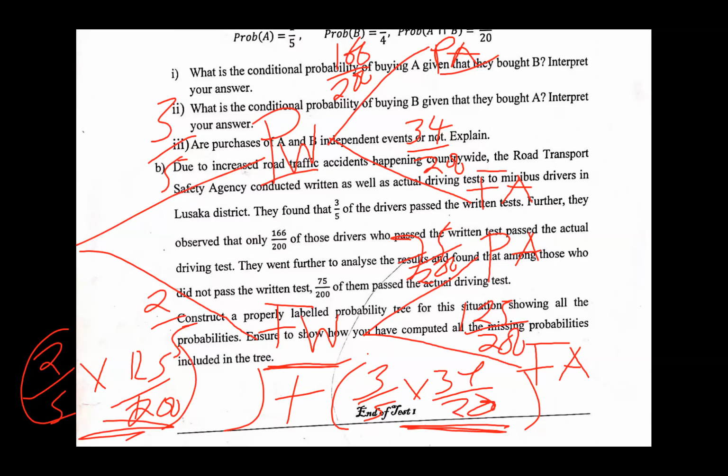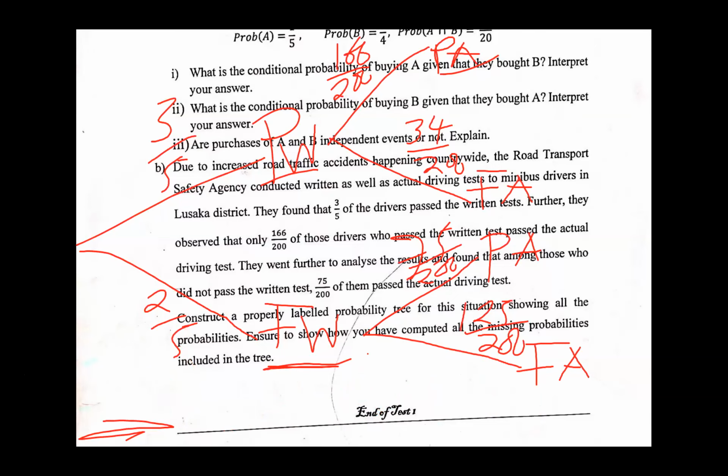What is the probability that the person passed the actual test? Pass the actual test. Is it not 166 over 200? Yes. And also 75 over 200.